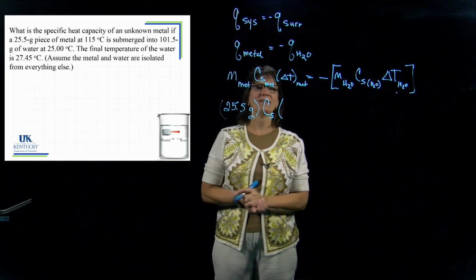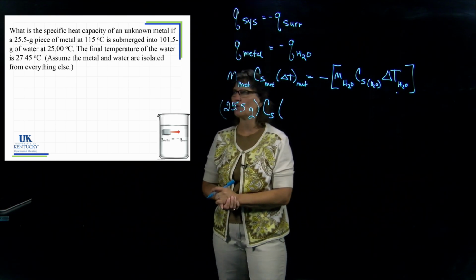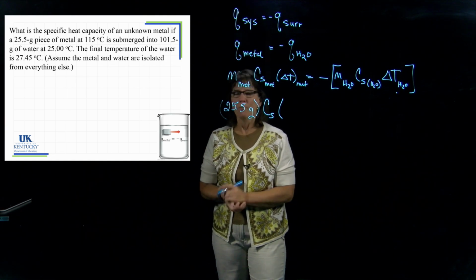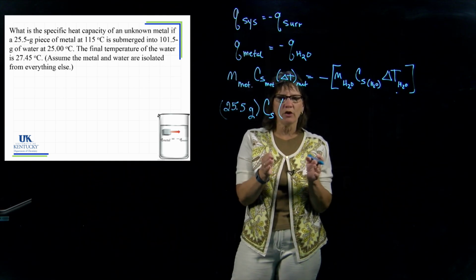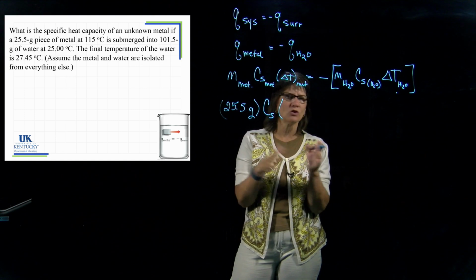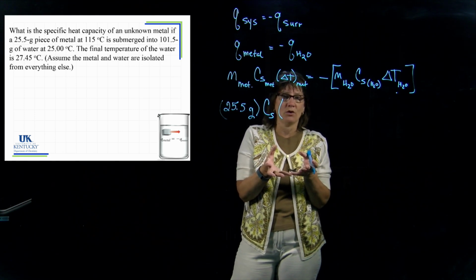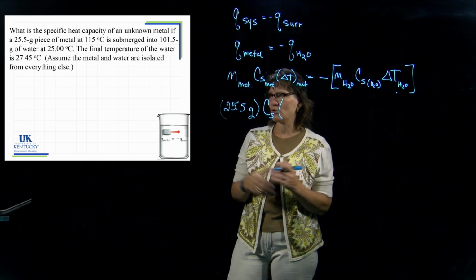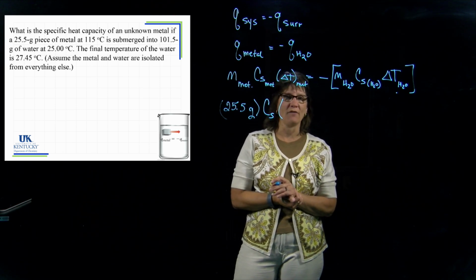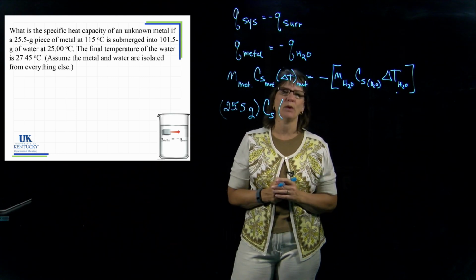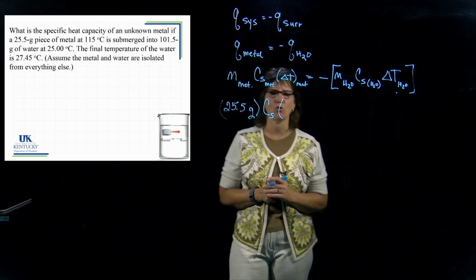Now it does not say specifically what the final temperature of the metal is. But if it's going to transfer the thermal energy, it's key to note that it's just going to transfer thermal energy until they're both the same temperature, and then there's no more transfer. So if the water went to a temperature of 27.45 degrees, then the metal also went to a temperature of 27.45 degrees.